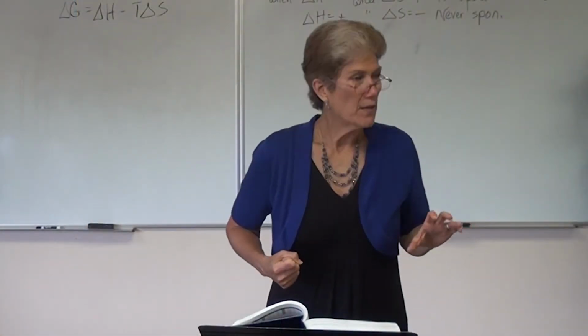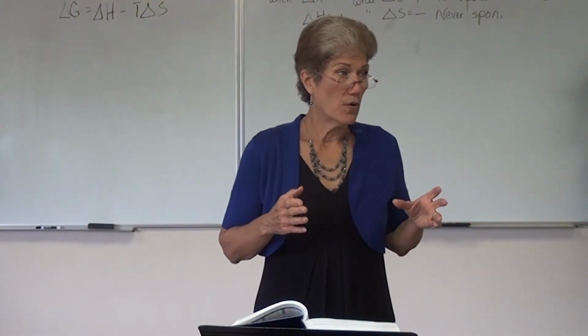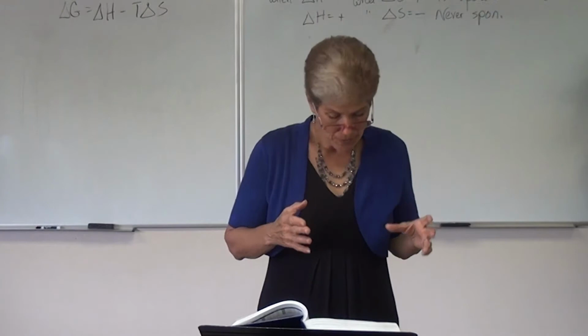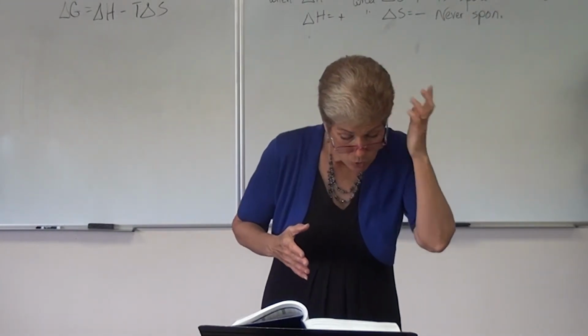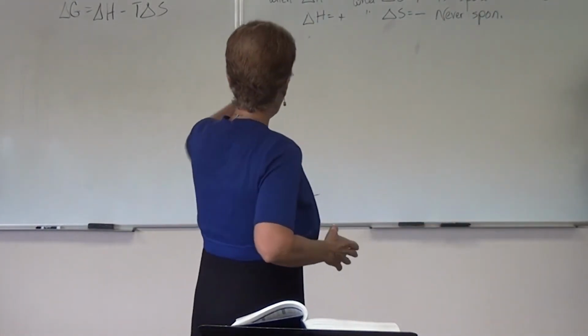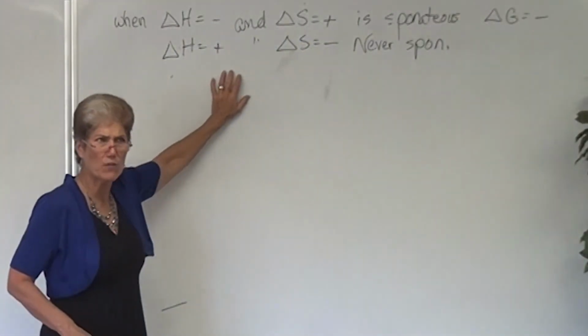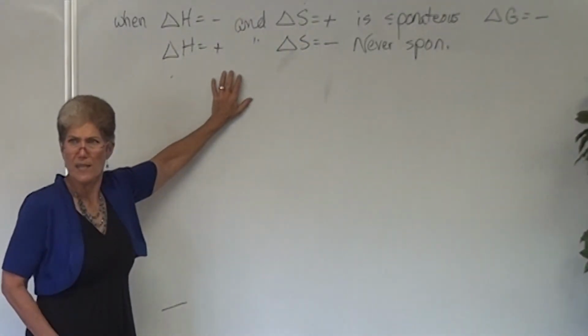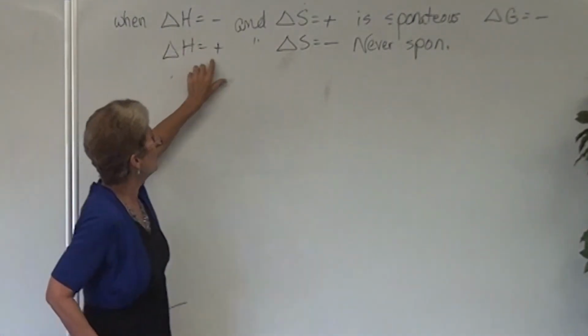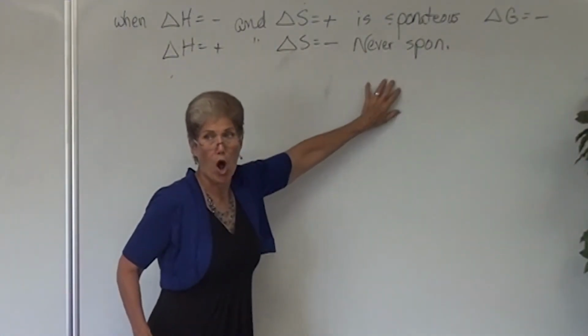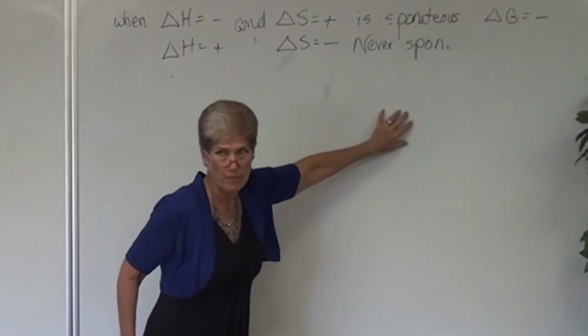If it's the same, you won't have a definitive answer. You're right. If they're opposite, you have a definitive answer. Do you see that? Oh, thank you for simplifying that. Does everybody see that? So if these signs are opposite, it's either going to always be spontaneous or never be spontaneous.